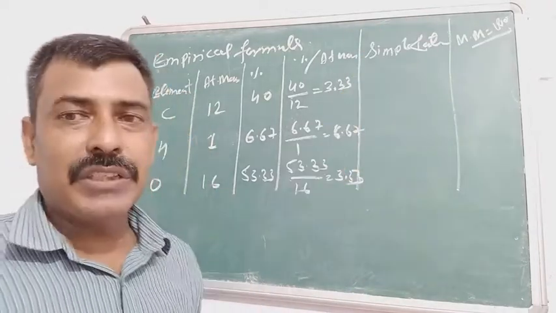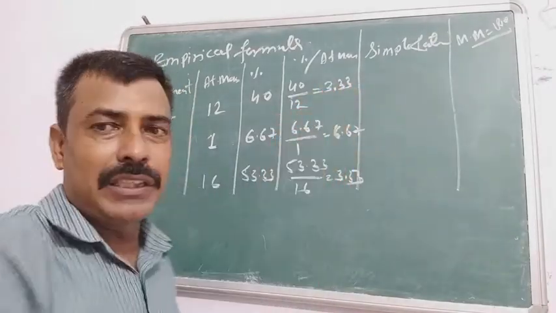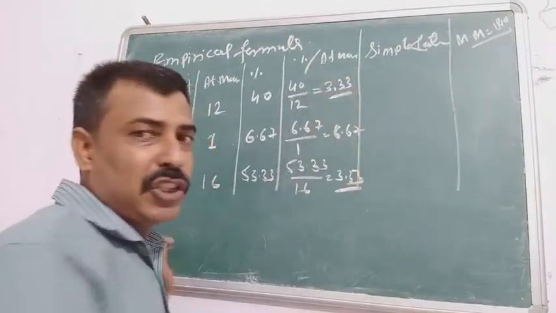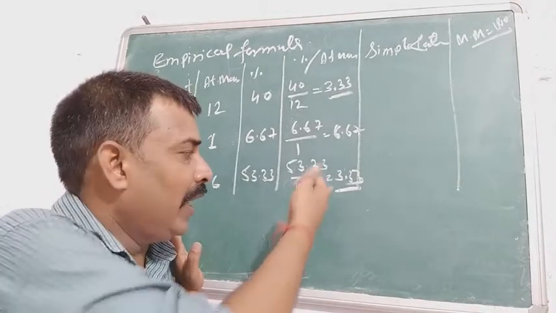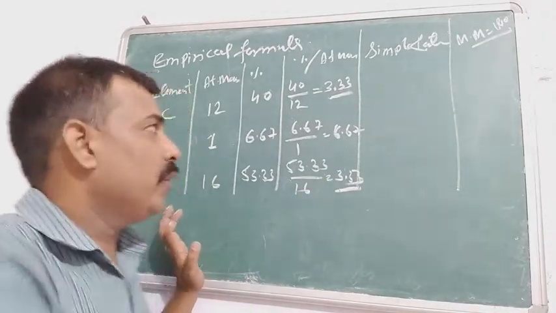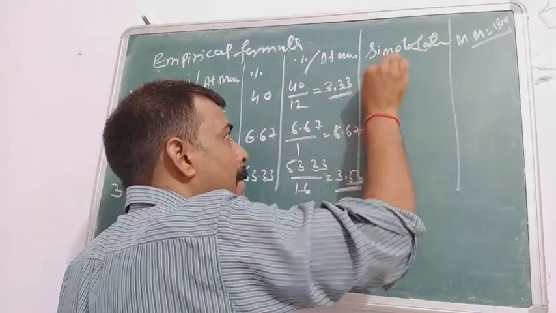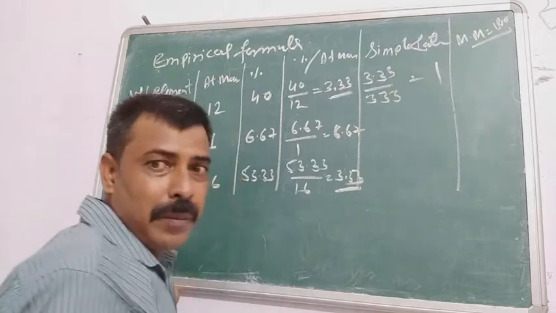Now the simplest ratio. How will you find the simplest ratio? You take the smallest value among these. You can see that 3.33 is the smallest value, and divide all the values with the help of this one. So when you divide 3.33 by 3.33, it will be 1.